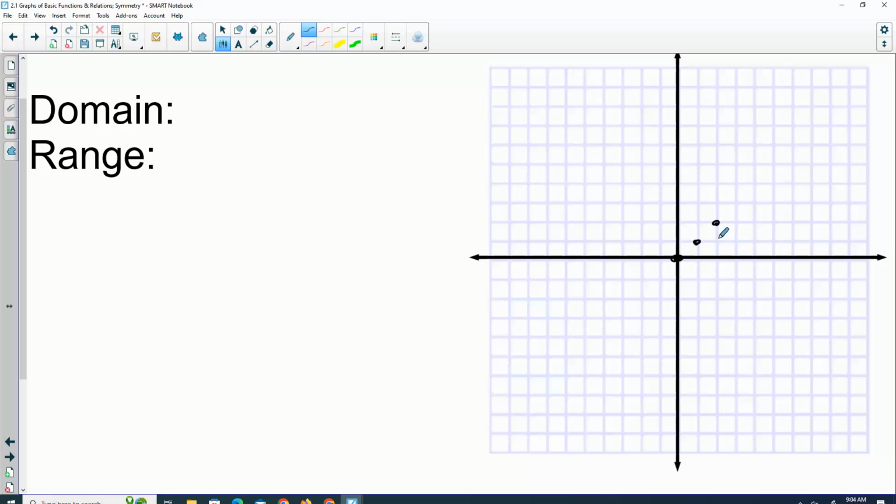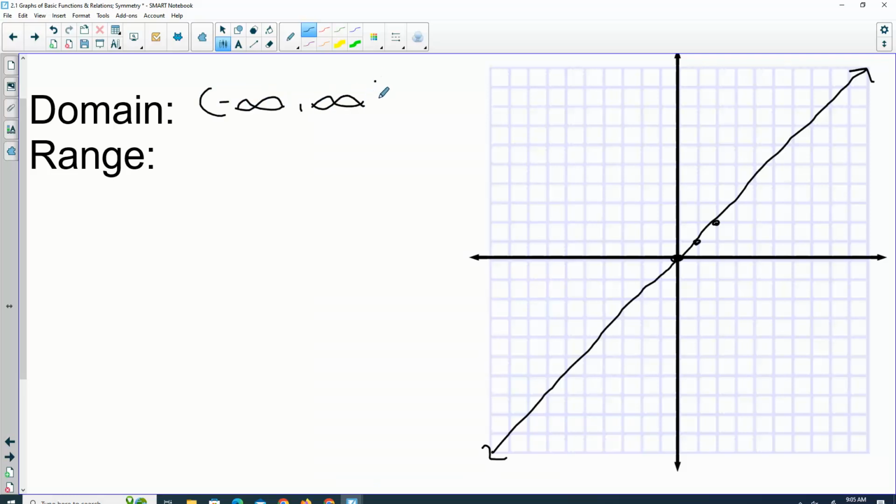And you can get your graph, so this is our identity function. Can you tell me the domain of that function? The range?